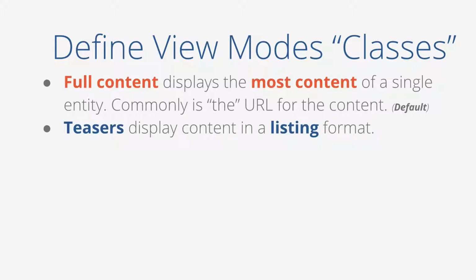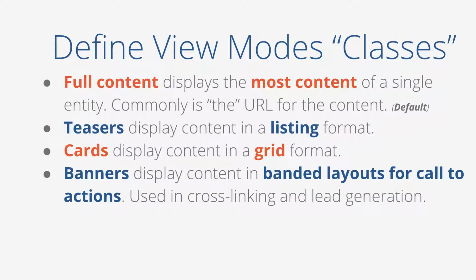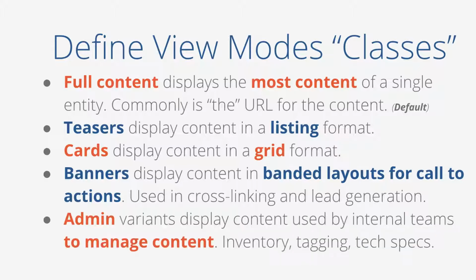Teasers display content in a listing format, so one item per row. Cards display content in a grid format, even if it's a grid of one on a sidebar. Banners display content in banded layouts and commonly for call to actions. All right. And admin variants display content used by internal teams to manage content.